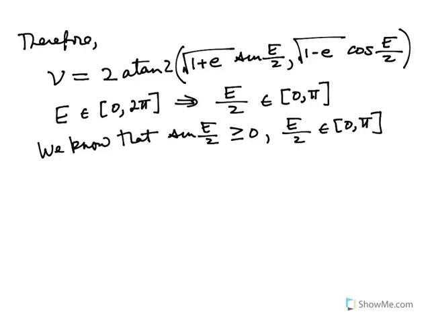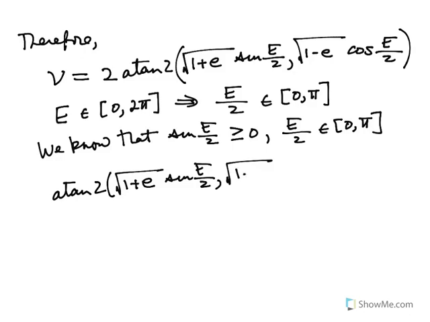The cosine switches sign when you go from the first quadrant to the second quadrant, but what we're going to wind up with is this atan2 of the square root of 1 plus e times the sine of E over 2, and the square root of 1 minus e times the cosine of E over 2, before I multiply by 2, will be on 0 to pi. But then we're multiplying by 2.